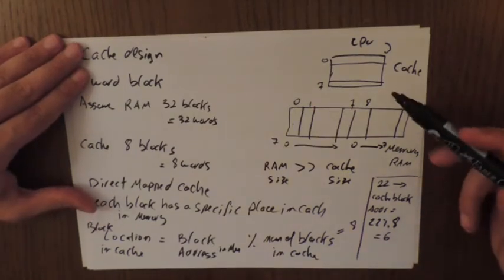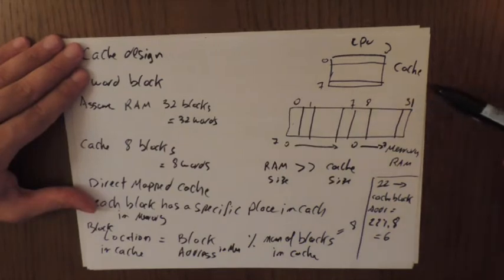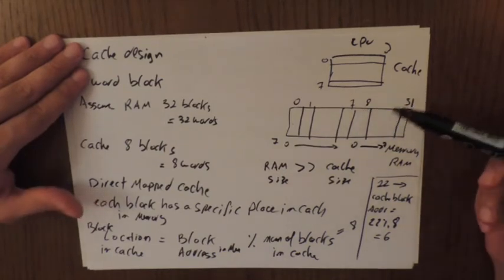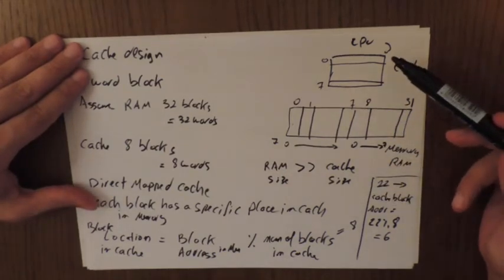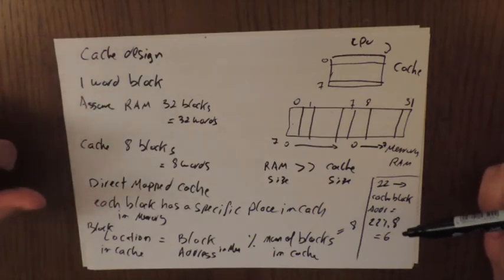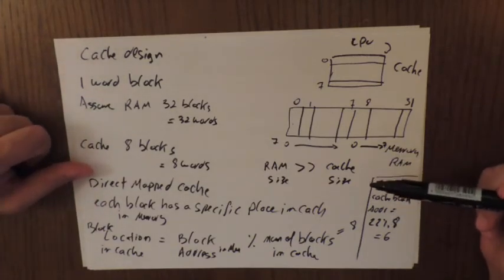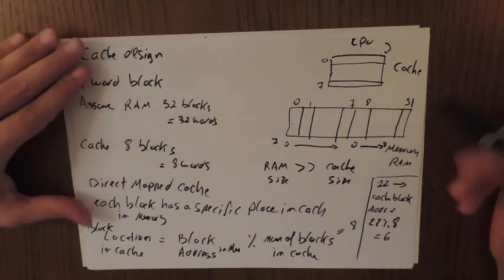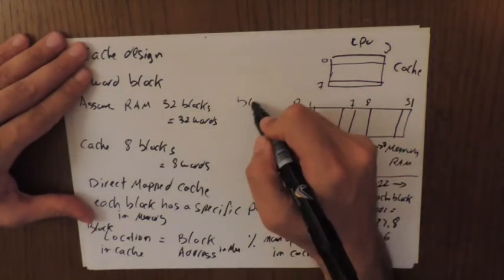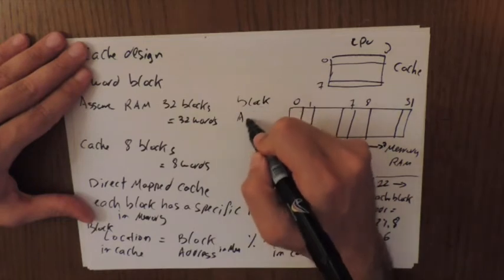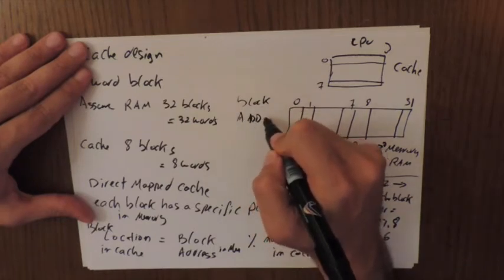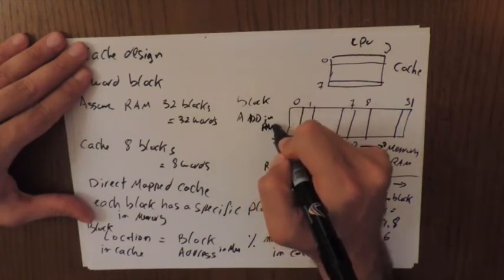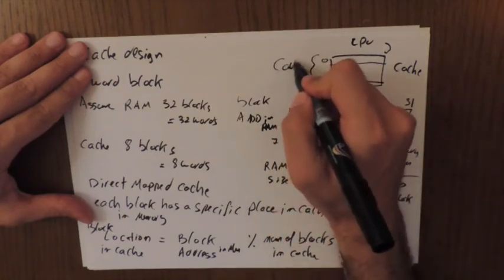Why? Because remember, it's multiples of 8. So if I tell you what's 16, 16 modulo 8 will be 0. So we can actually know beforehand each block and its specific location in cache. Remember, this is the block address in RAM, and this is the cache address.